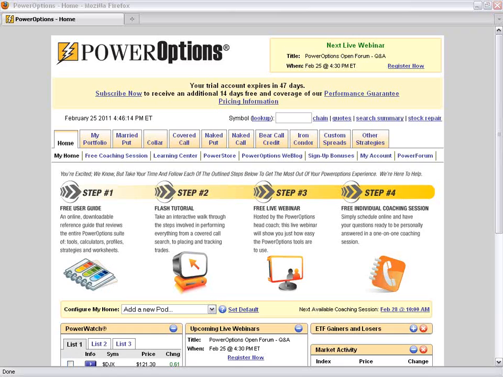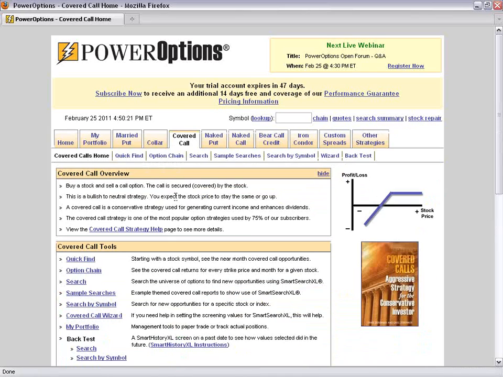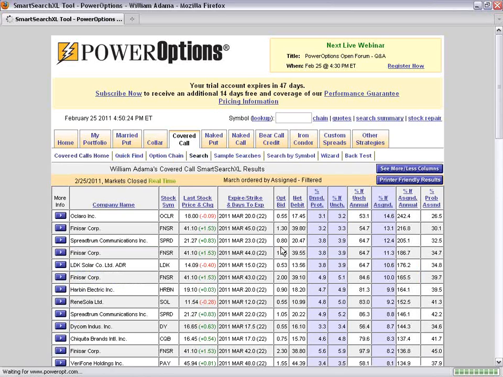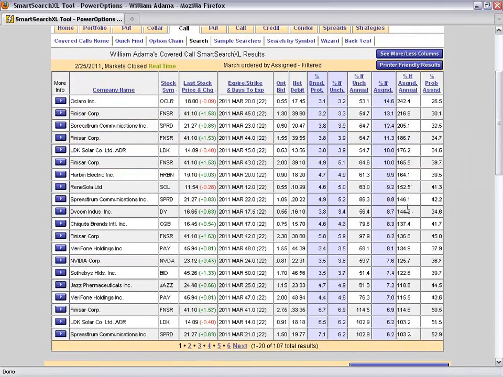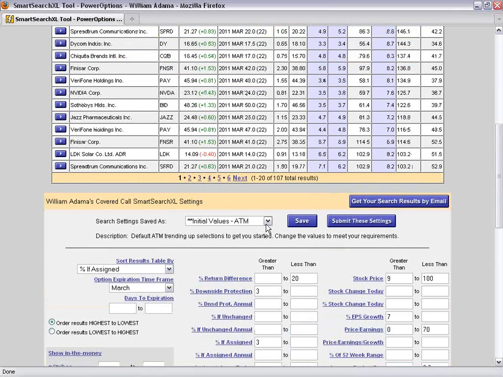Oh, yeah, okay, follow up on this one, too. As long as the percent if assigned is sufficient, that should be okay, right? Absolutely. Okay, let's talk about that for a minute. Let's just run a basic covered call search. I don't like to use annualized percentage returns too much in these situations because it can be drawn out of proportion. But let me go with the in the money search, so I want to see positions that are already in the money.